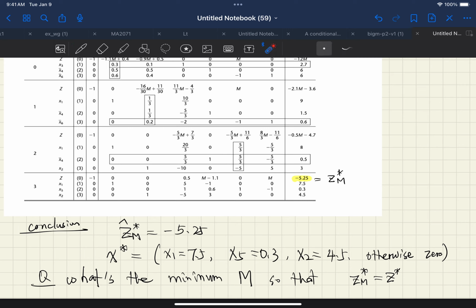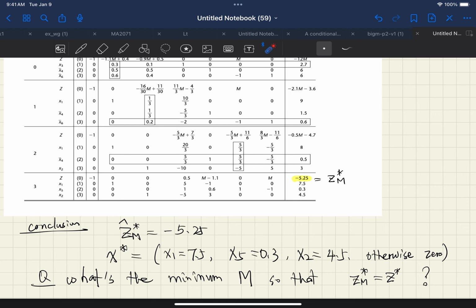We know that if M is big enough, for example M equals 100, then the tableau gives the number we needed, the same as z star. But what is the smallest M? Of course, you can take M as 1 billion, but this gives a heavier computation for the computer. So what is the smallest M?